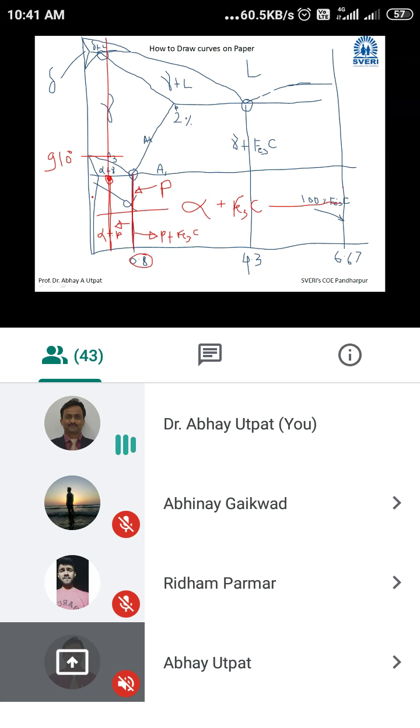Alpha plus P converts into alpha plus gamma. Up to this point, alpha remains alpha, but above the A3 border there is no alpha, only austenite.